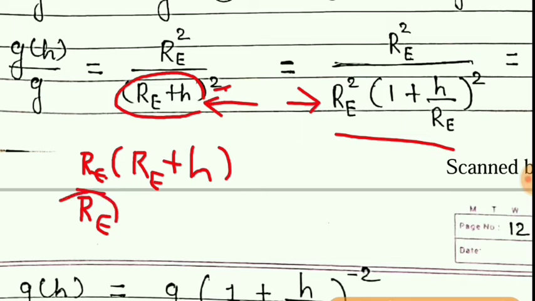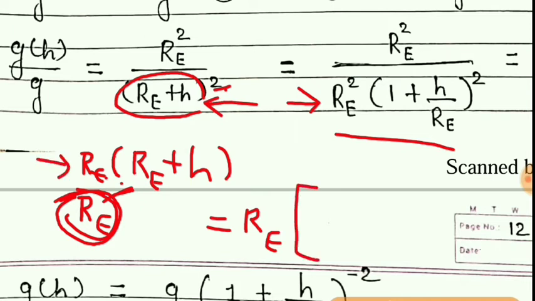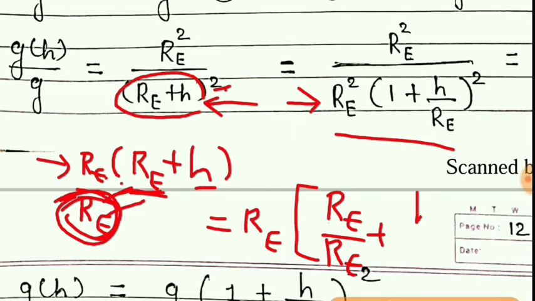Now if I bring this Re inside the bracket, this Re which is in the denominator, what will happen? I'll get Re, which is this as it is, and in the bracket Re upon Re. This Re is inside the bracket, so it will be divided in both these terms, plus h upon Re. But Re will cancel, so what will remain here?